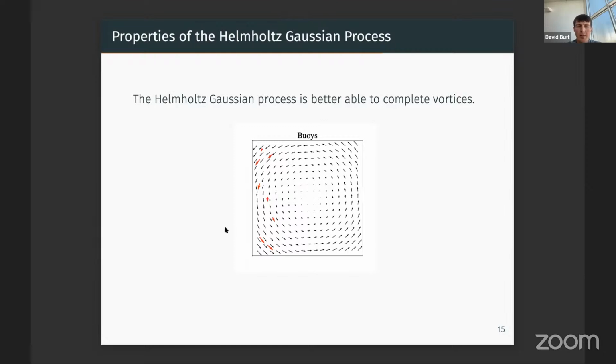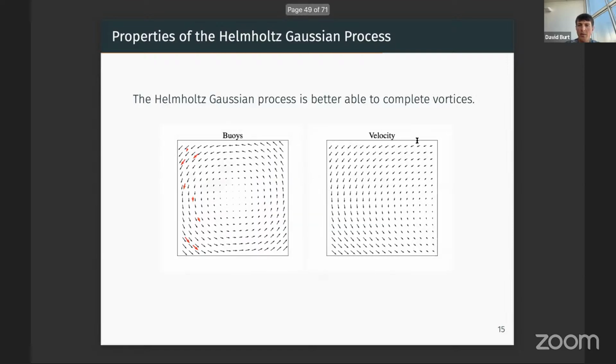Okay, so here we have this vortex example from before, where again, the current is simulated and is shown by the black arrows, and we just have observations from the red arrows. To remind you, when we use the velocity GP, we got predictions that looked pretty reasonable near where we had data, but the model didn't extrapolate well to complete the other side of the vortex.